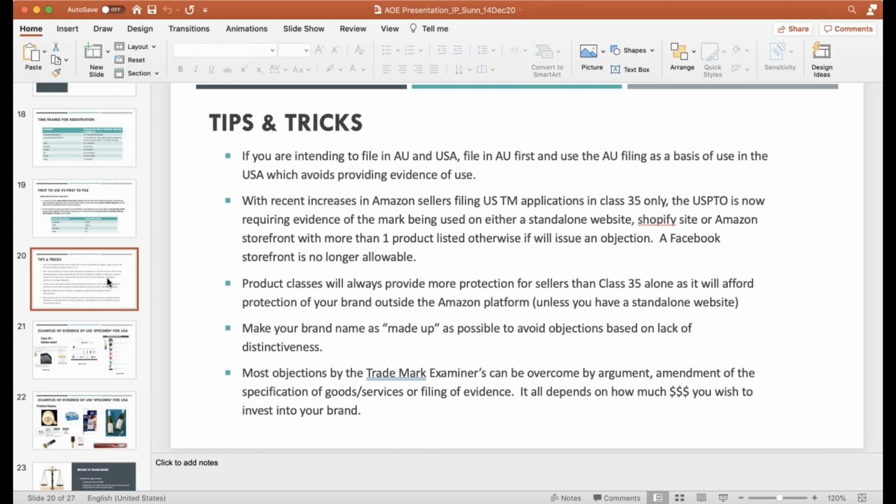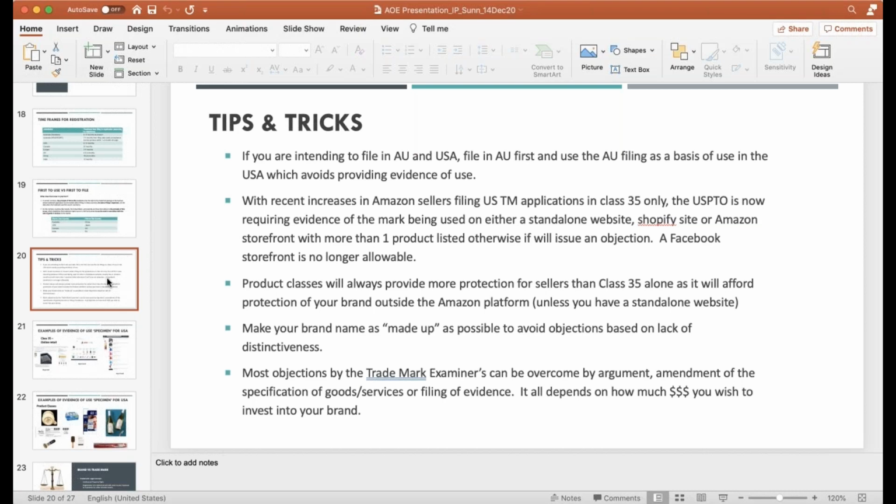As I mentioned before, because there are so many people now jumping out and trying to get a registered trademark on Amazon, Class 35 used to be a pretty easy class to get because it's a service class.